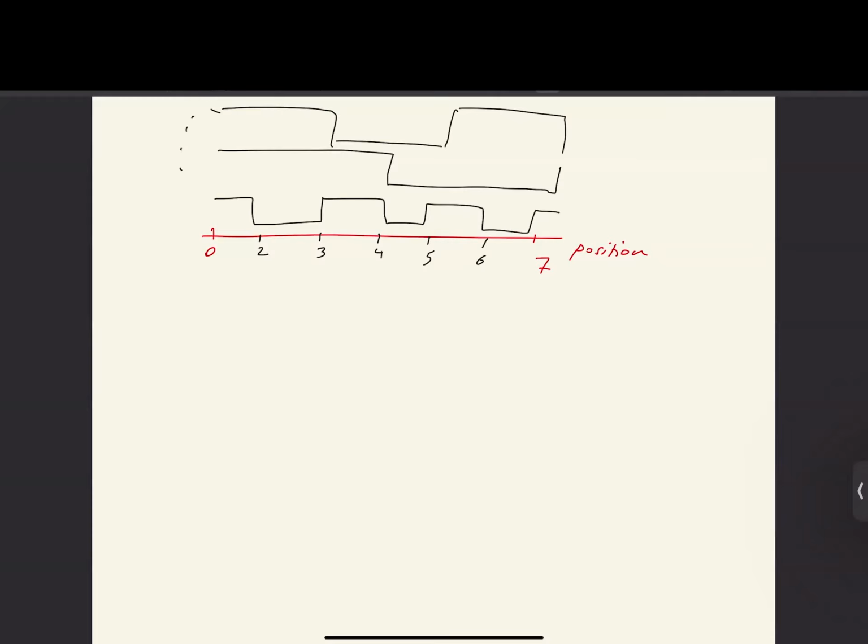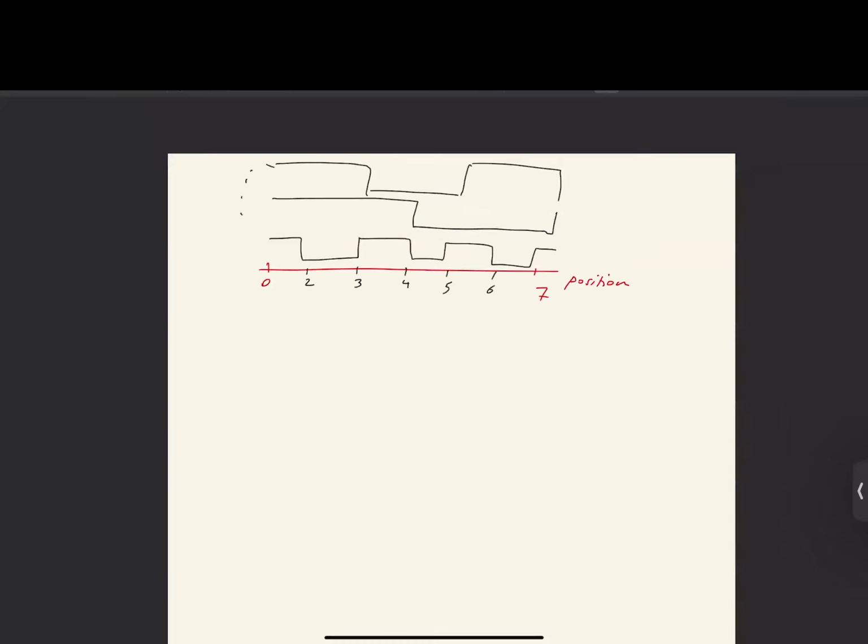We can go on and on, but basically the idea here is we have the finest scale here, a medium scale here, and a coarse scale here, with different periods. So this looks much better. Each bit provides a different level of positional information. We can distinguish nearby positions, and we can also distinguish distant positions.